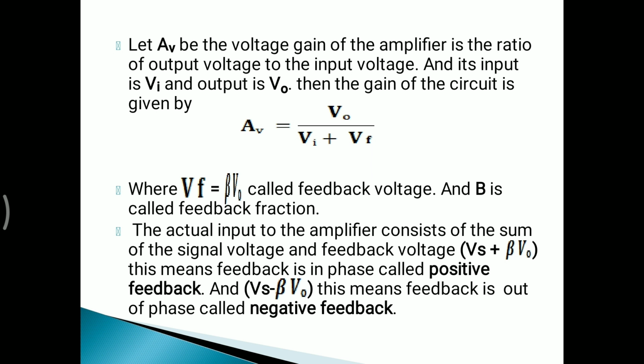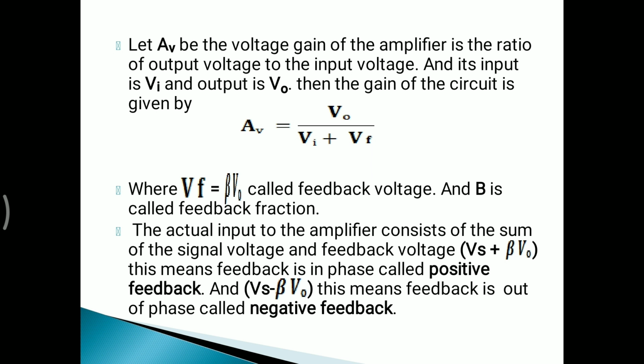You know that the voltage gain we can write as the ratio of output voltage to the input voltage. The output voltage is V naught, and the input voltage is Vi. Then the gain of the circuit is given by AV equals V naught by Vi.